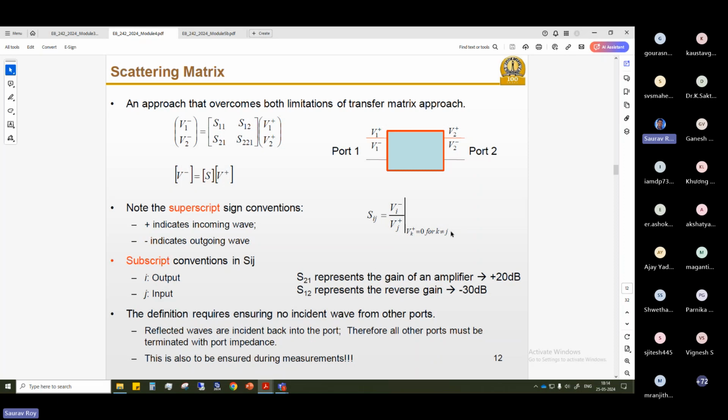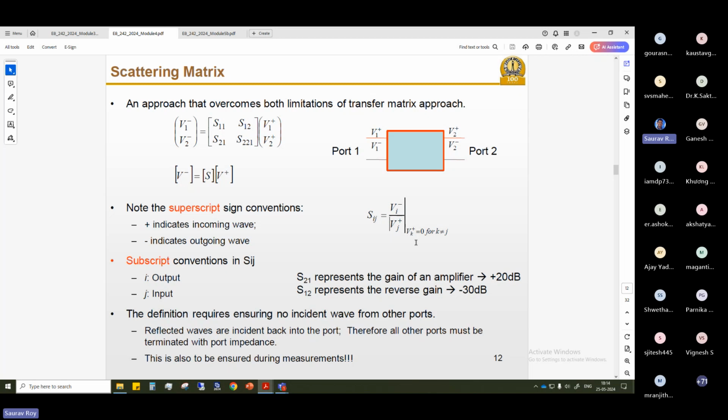But there is another condition here. You see Vk plus equals 0. That means all other ports, other than ports 1 and 2, must have 0 incident wave. That means all other ports must be matched. That is the condition of the S parameter. Again, let's say there are n ports, say 5 ports in a network.